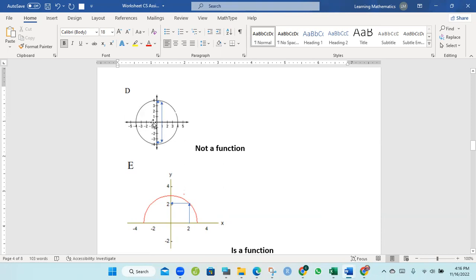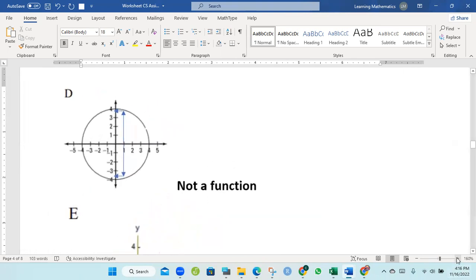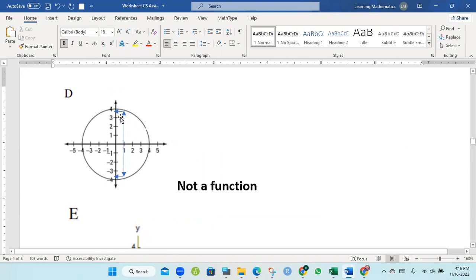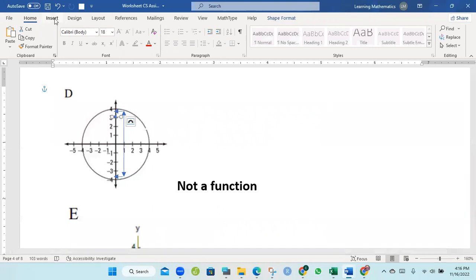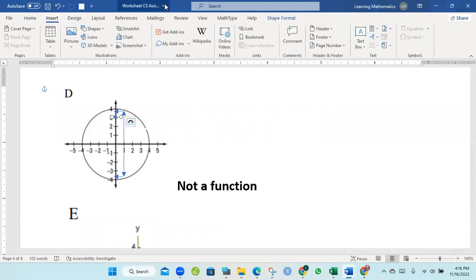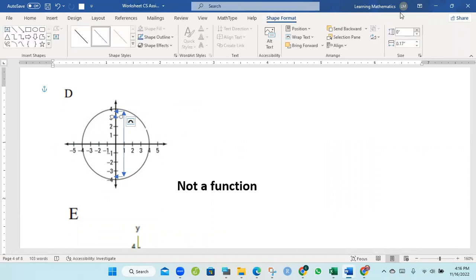Plus, if you go across, you've seen that if you choose a y, let's choose a y of 3, for example, you will notice that it has more than one x. So a y of 3 has more than one x, and each x has more than one y. So clearly, this is a many-to-many.